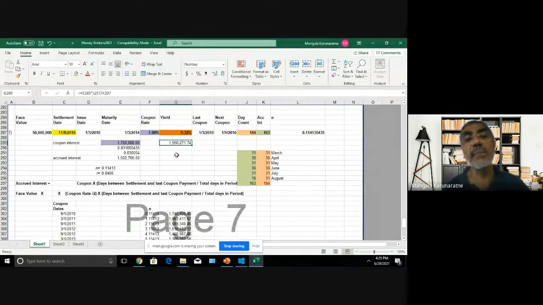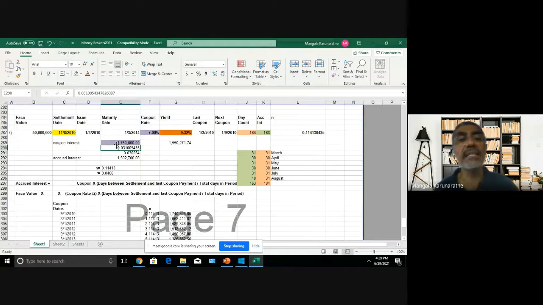But this is correct, theoretically correct, but practically we were doing it in a different way, and in the market also we are doing it in a slightly different way. Same data is used, but we first do this. We get this accrued interest fraction. How do you get this?